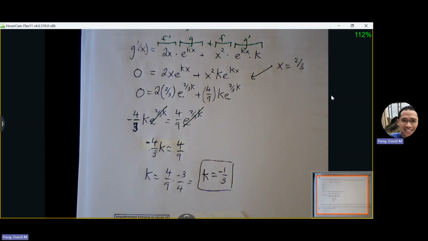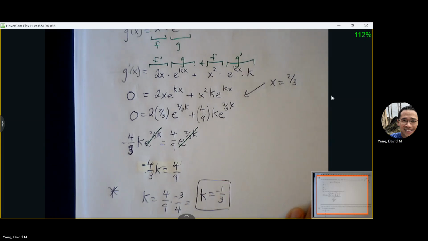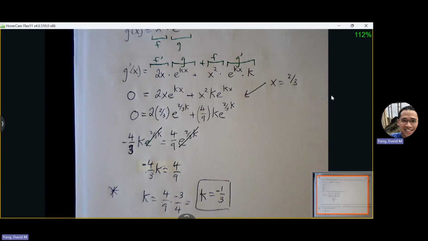My key has k equals -3. Let me come back and check on that a little bit later. I'm getting -1/3. Okay.